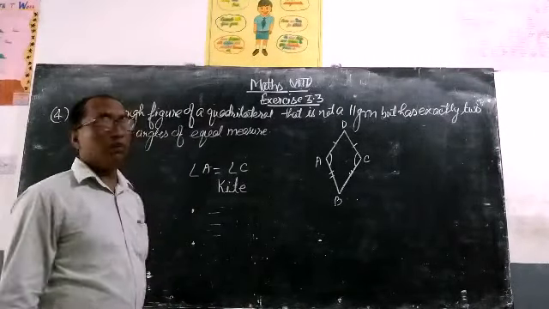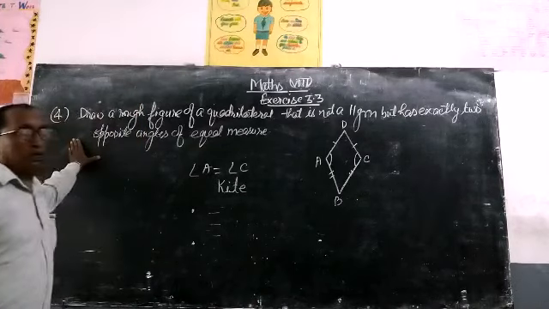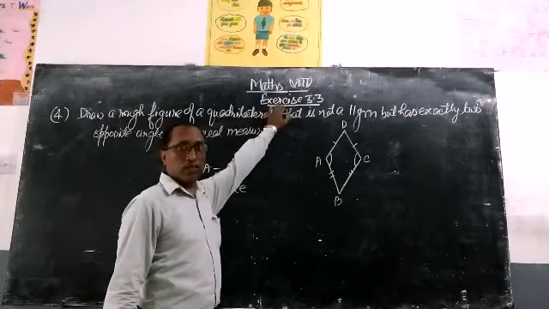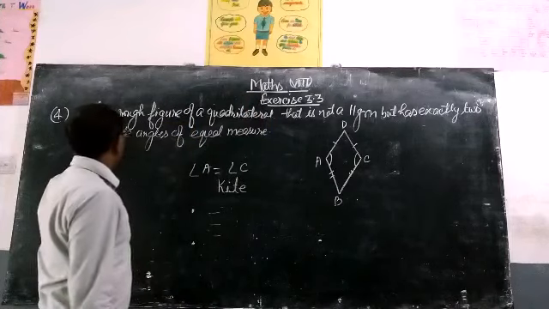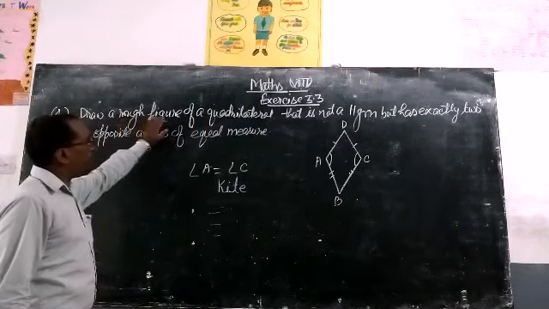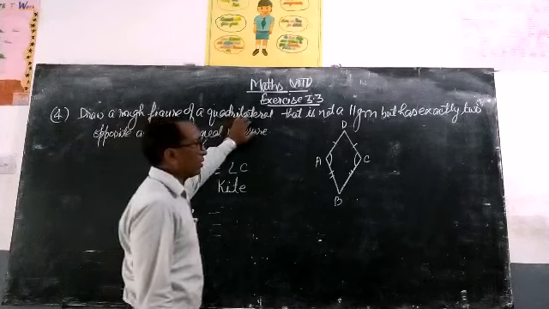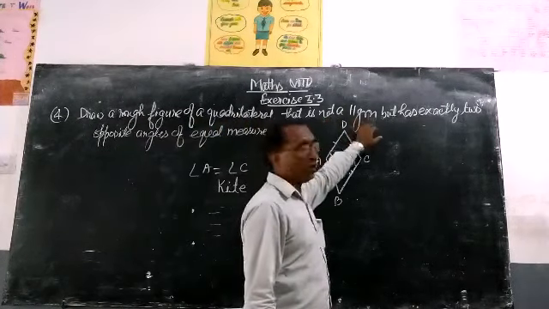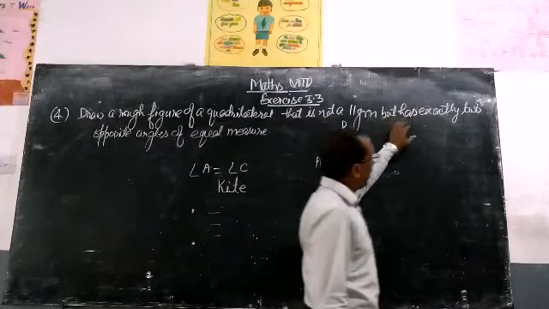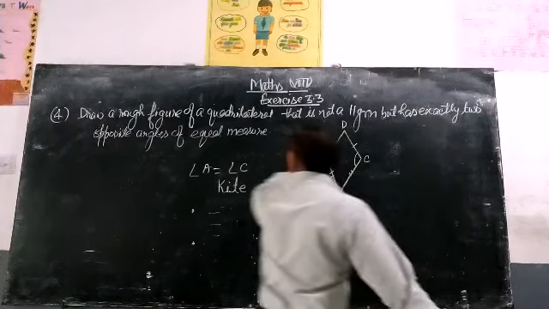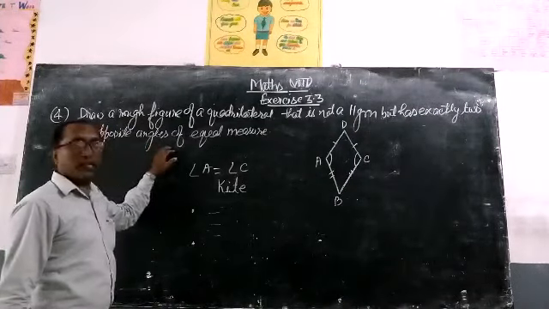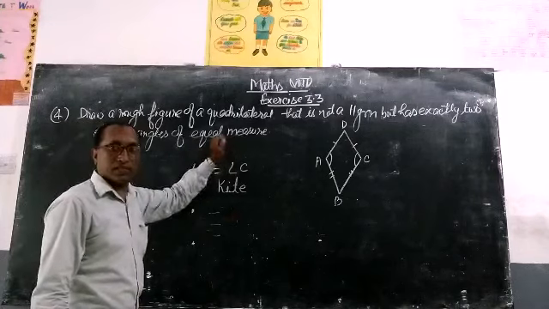We are going to solve question number 4 of exercise 3.3. The question is: draw a rough figure of a quadrilateral that is not a parallelogram but has exactly two opposite angles of equal measures.